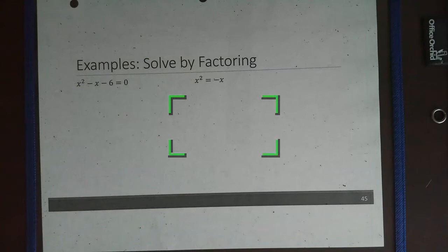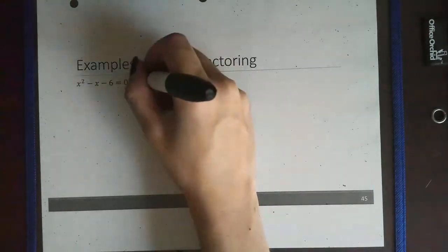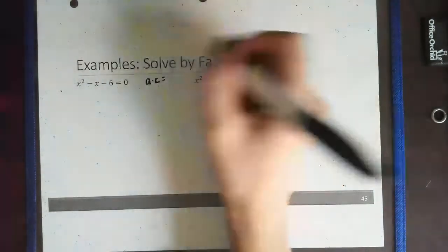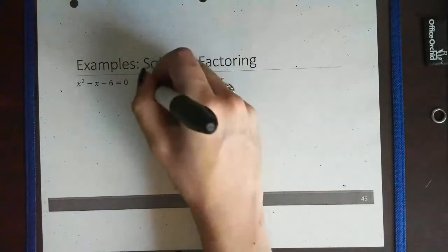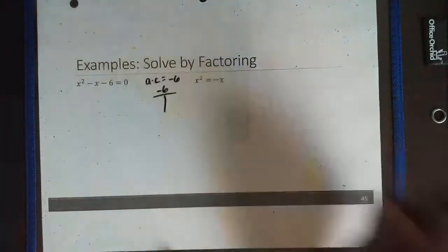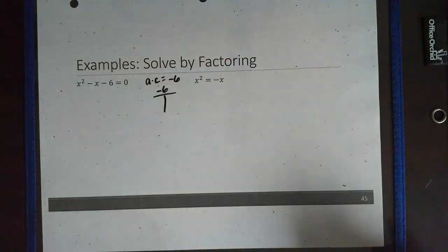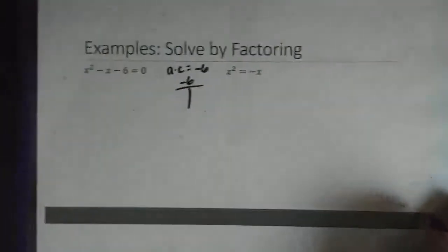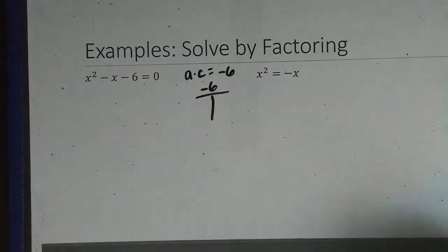First up, we have x squared minus x minus 6 is equal to 0. So it's a trinomial where our a value is 1. If I multiply my a times my c, I'm going to have 1 times negative 6, which is negative 6. So I need two numbers that multiply to give me a negative 6, but add to give me the negative 1 that is my b value.